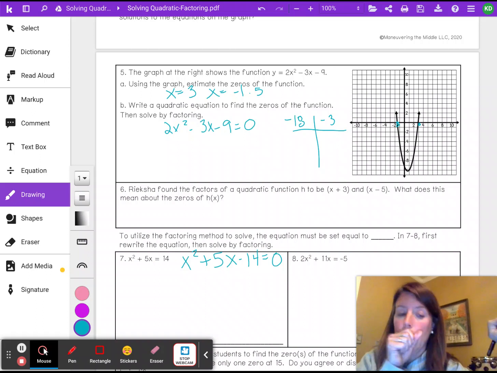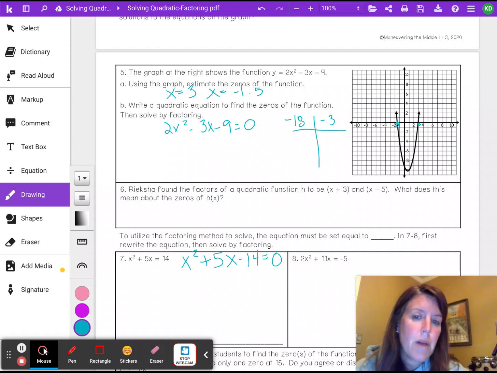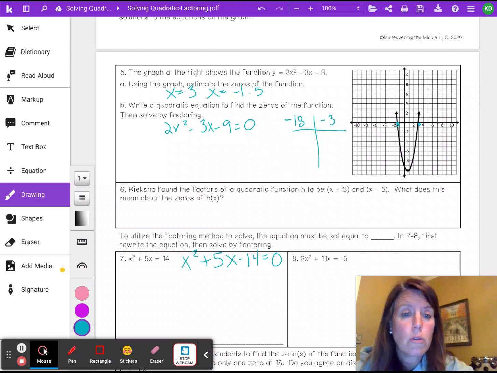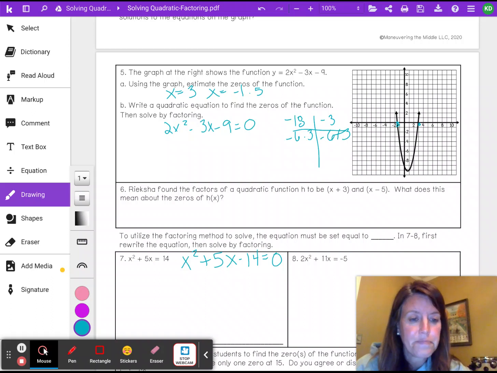And in my head, 6 and 3. 6 times 3 is 18. 6 minus 3 is 3. So I could do negative 6 times 3. And then negative 6 plus 3 equals negative 3.